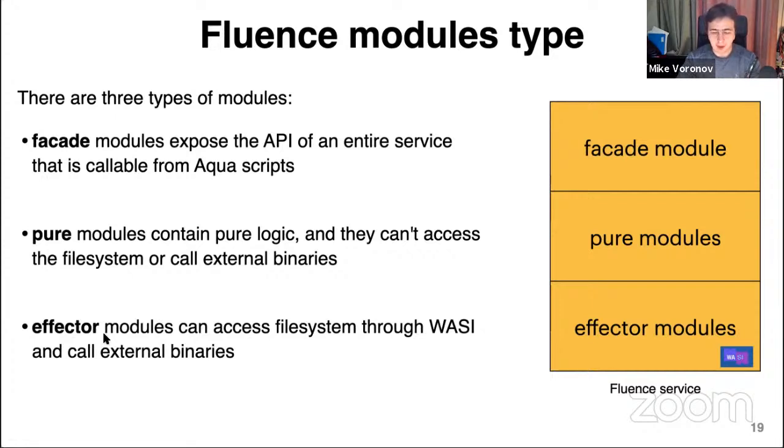The goal of this distinction is to provide, in the future, a system where people who run a Fluence node could say which modules they could run. For example, by reputation. It's always safe to run pure modules because they can't access the file system, because WebAssembly is sandboxed by design.